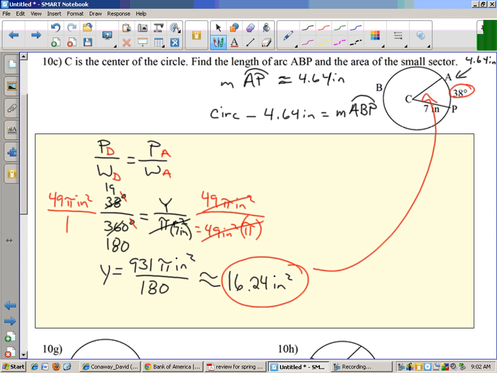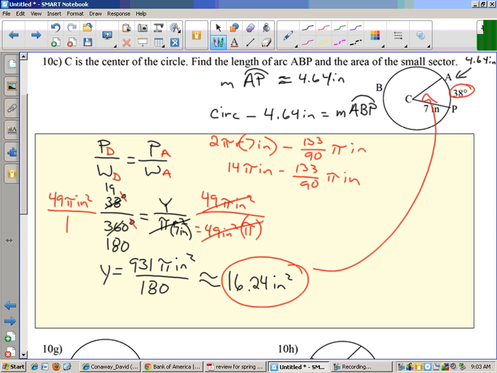The other one, let's go back and find the circumference. Circumference was 2 pi r, which in this case r was going to be 7 inches, minus, what was this before we converted it to 4.64? Anybody have that written down? 133. Okay, and that was also inches. So I can put these together and I can say this is going to be 14 pi inches minus 133 over 90 pi inches. And put this in your calculator. 14 pi minus 133 over 90 pi.